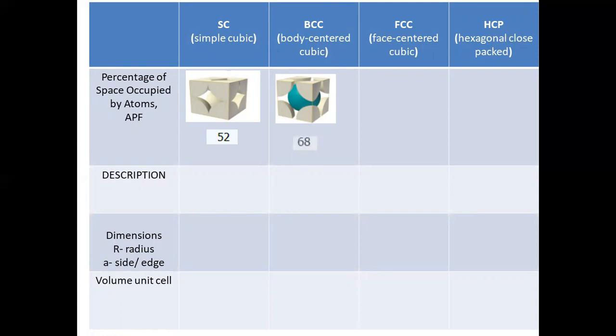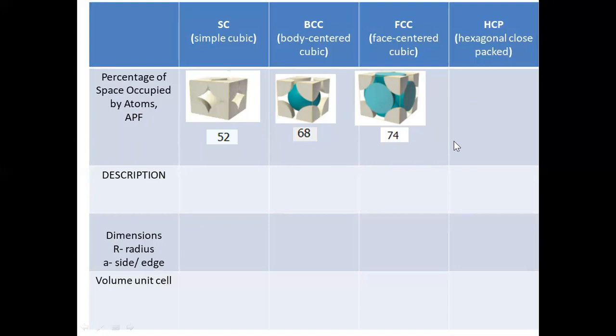It has 68% APF. For FCC, the atoms are located at the faces and corners of the cube unit cell. It has 74% atomic occupancy, or atomic packing factor.